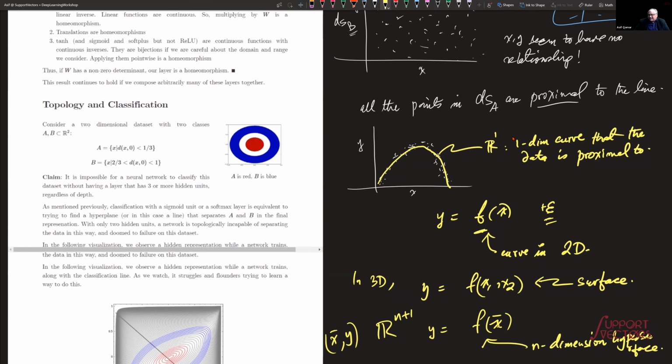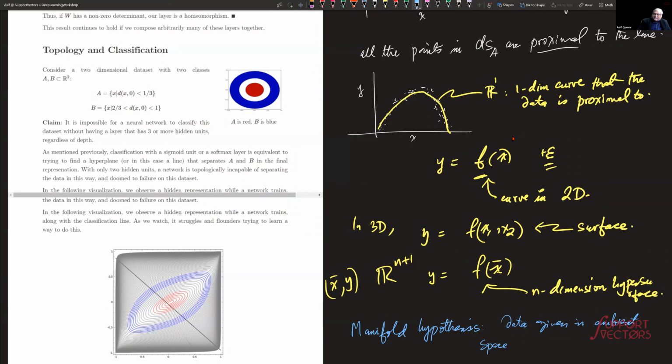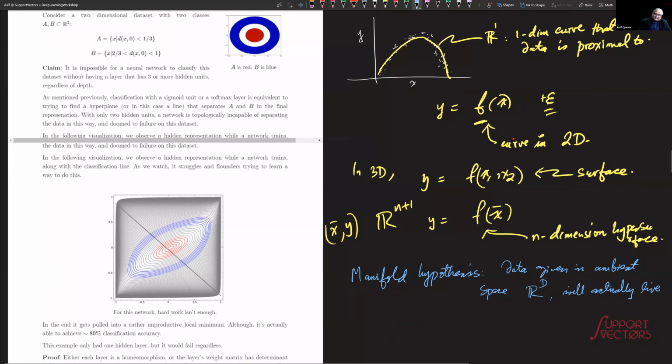So now we understand this manifold hypothesis. The manifold hypothesis just says that the data given in an ambient space of capital D dimension will actually live close to a lower dimensional embedded manifold.